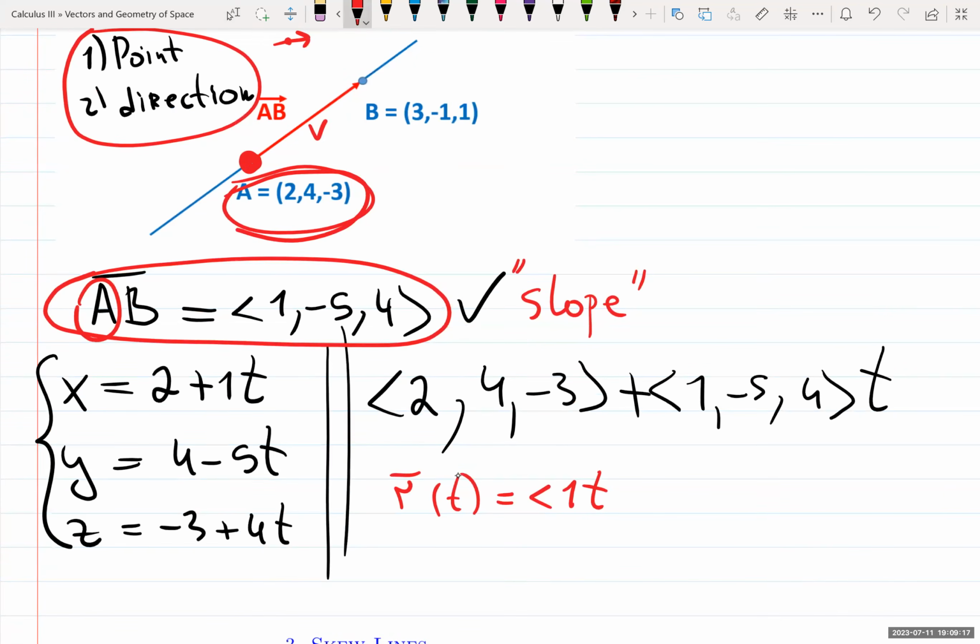Let's choose A, 2, 4 minus 3, so plus 2, comma. Minus 5 is a slope, plus a point 4, here it is, 4, comma. 4t, you don't see the sign, minus 3. So slope and point, or you can do point and slope, doesn't matter, you choose.